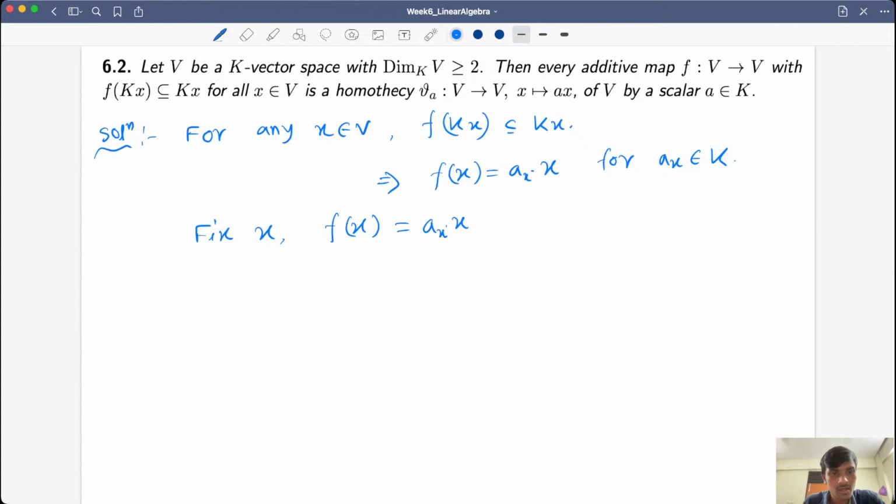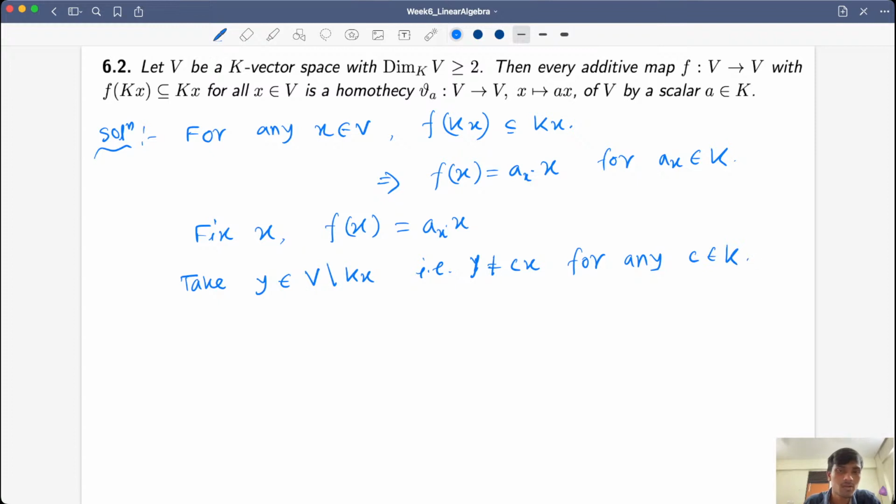Now take any y belongs to V minus kx. That means y is not of the form c times x for any c belonging to the field k.